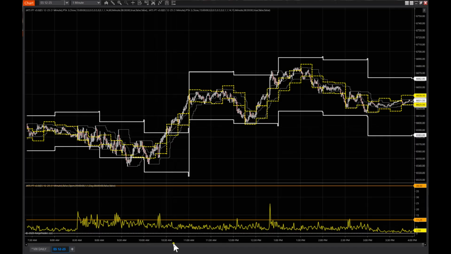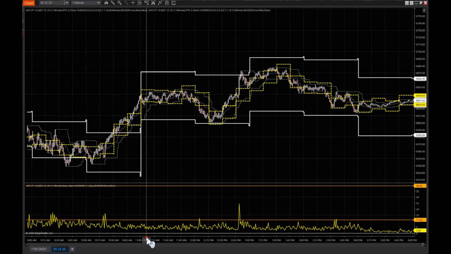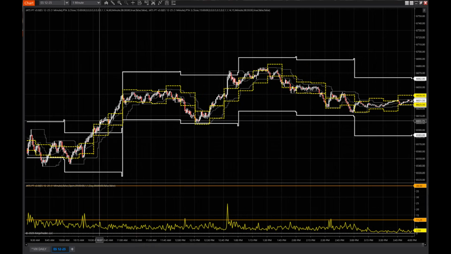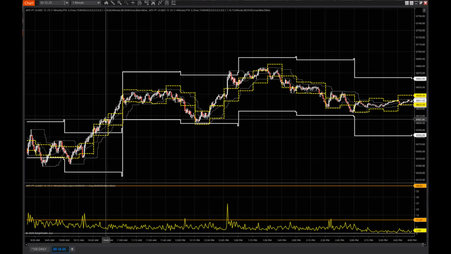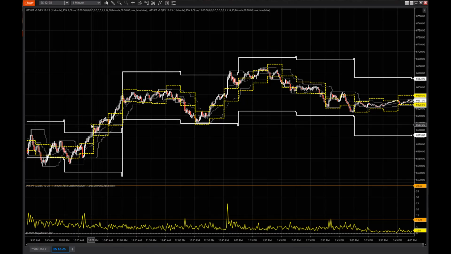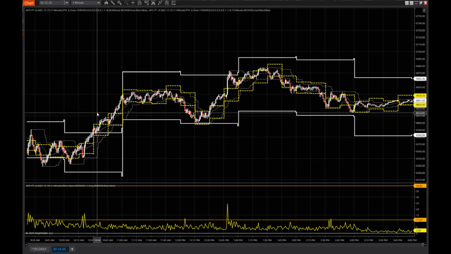It stayed inside the first 15-minute 1 box, but then it broke out of that. So here was your confirmation. And you see how it came back and used that 15-minute 1 as support? And then here it broke it again.